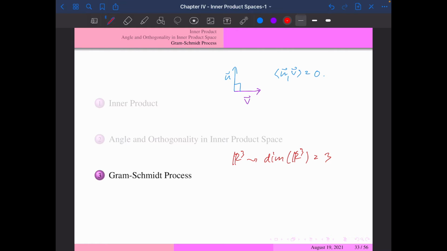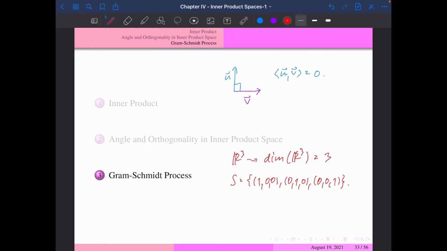It means that if we find a basis, the number of elements in this basis is 3. One basis for R3, the easiest or simplest one, is this one, right? It's the standard basis.